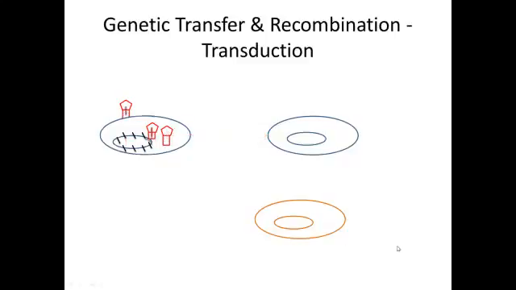Now occasionally mistakes are made. Instead of packaging its own genome, it accidentally can package bacterial genome. Now when this phage leaves the cell and goes on to infect another bacterium, it can't really infect it, but it can transfer the bacterial genome from the one that was previously killed to the new cell.